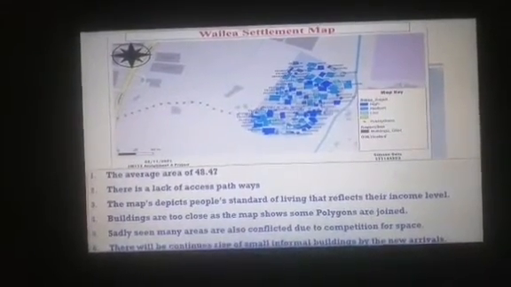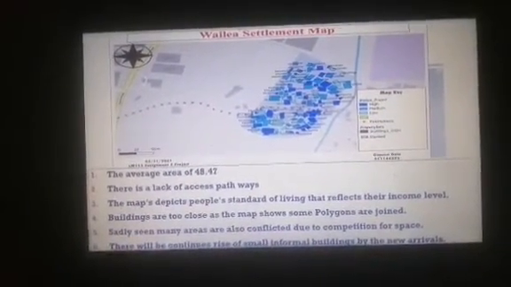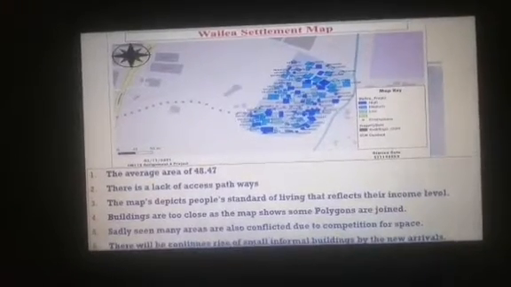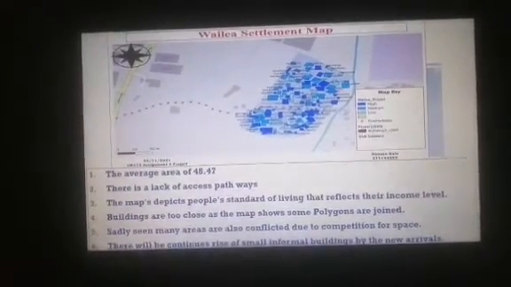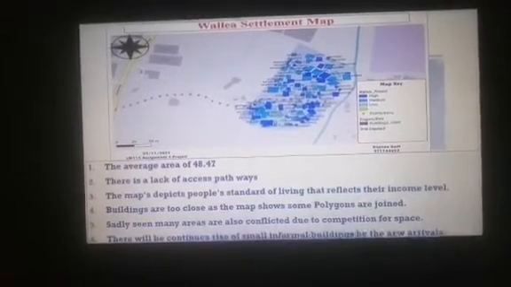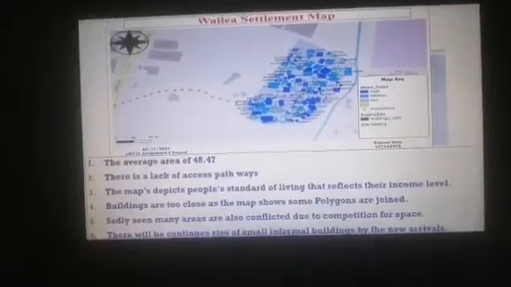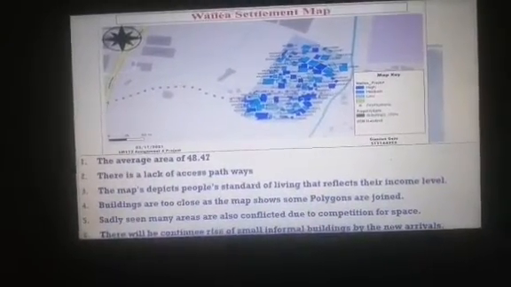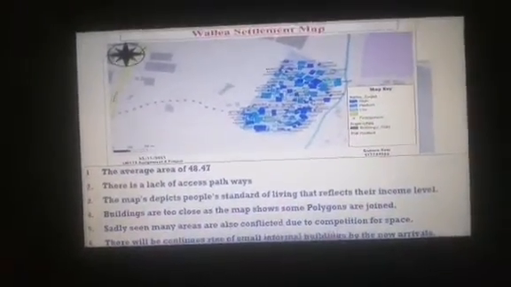The average area means if the Wailea settlement is planned accordingly, each individual household or each individual area should obtain a per head of 48.47 average area per individual.